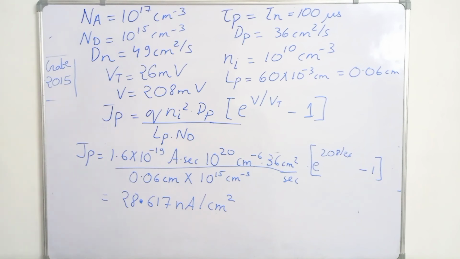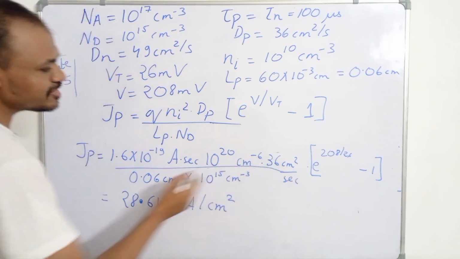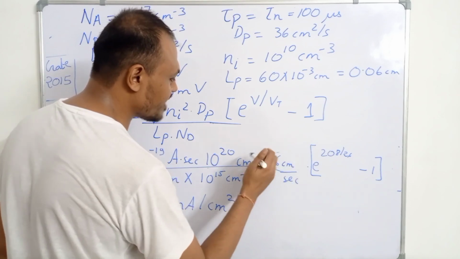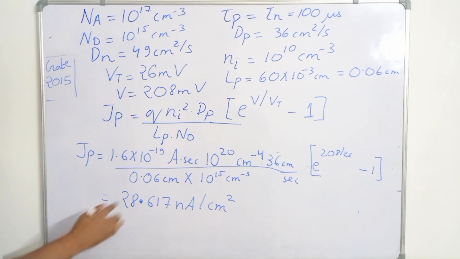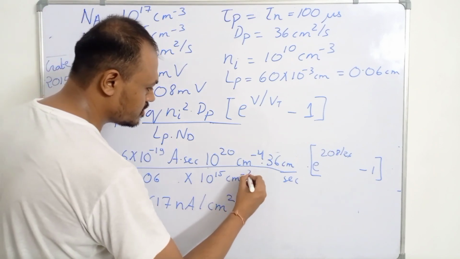If you solve this question, then the answer will obviously be in ampere, so we have to change it to nanoampere. If you see this, then this centimeter square and centimeter to the power minus 6 will become centimeter to the power minus 4. Then this centimeter into centimeter to the power minus 3 will become centimeter to the power minus 2.